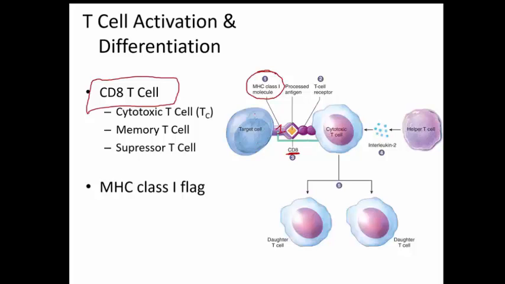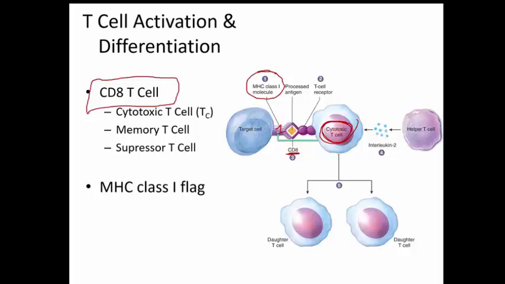And MHC class 1, remember, comes from endogenous antigens from infected cells or cancerous cells. And so these naive CD8 cells are going to become cytotoxic T cells once they bind to their antigen and have the cluster designation 8 marker recognize the MHC class 1.